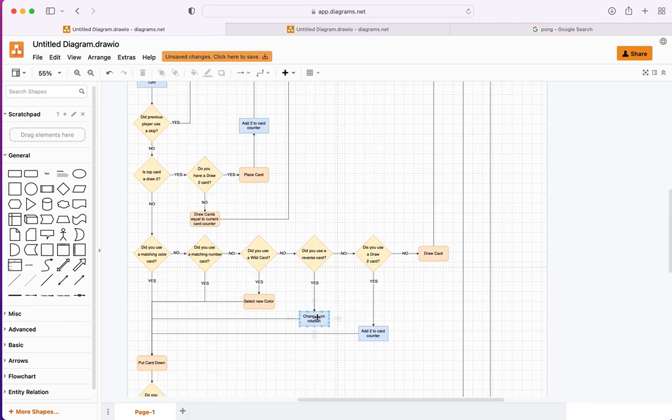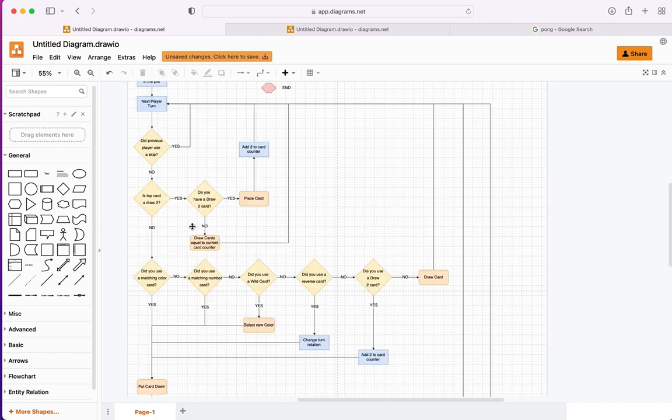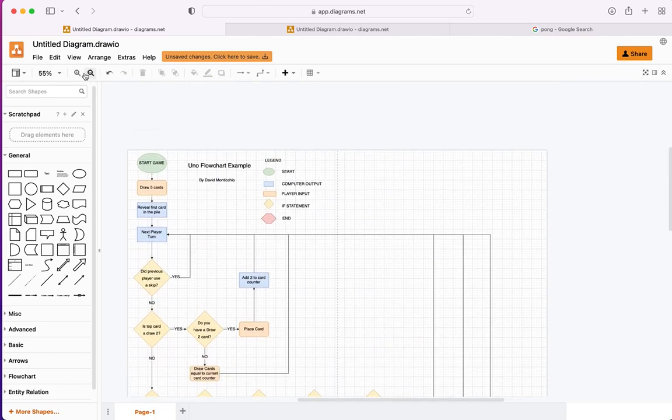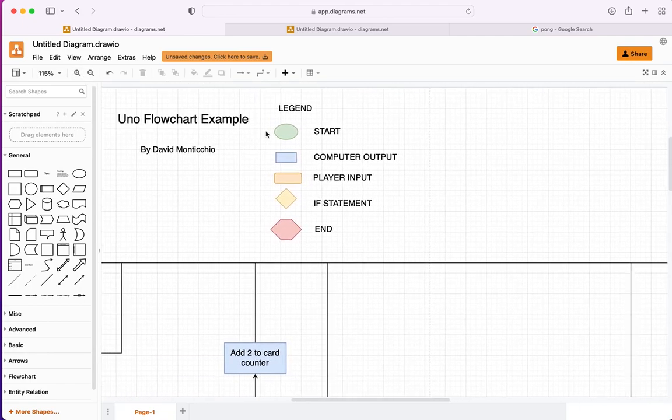Every time something happens via the computer, something outside of the player's control, I switched it to a blue rectangle. And I made the start a green circle, I made the end a red thing over there, and I also gave everyone a legend to make sure they knew what it was.